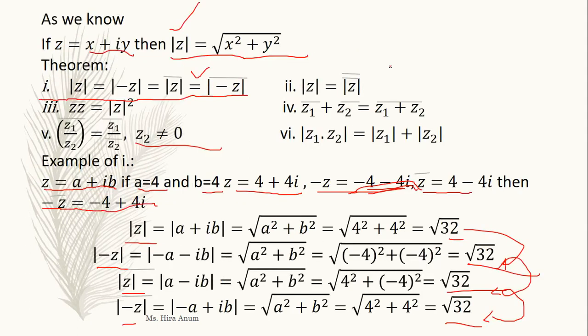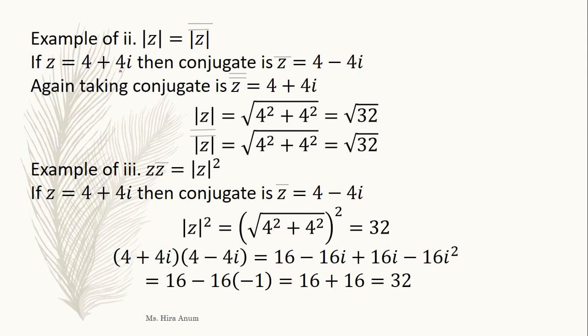Now we prove the second part by taking an example. If z equals 4 plus 4i, its conjugate is 4 minus 4i. Taking the conjugate again, the double conjugate will be 4 plus 4i.